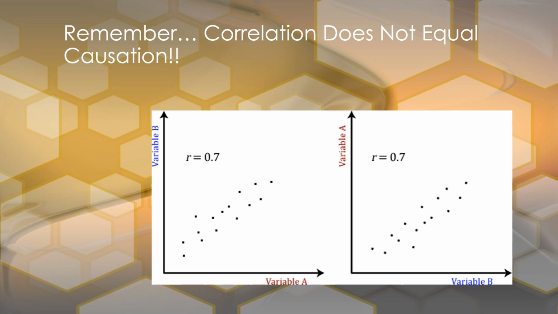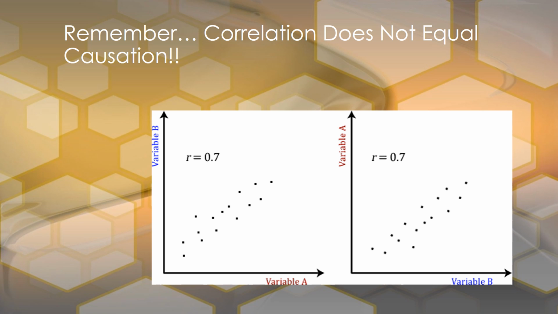Now, when you graph it on a scatter plot, you will want to make a decision on which one to put on the x-axis and which one to put on the y-axis because it makes theoretical sense. But the math doesn't know the difference. So if you say variable A causes B, you want to put it on the left axis, and if you say variable B causes variable A, you want to put it on the right axis.